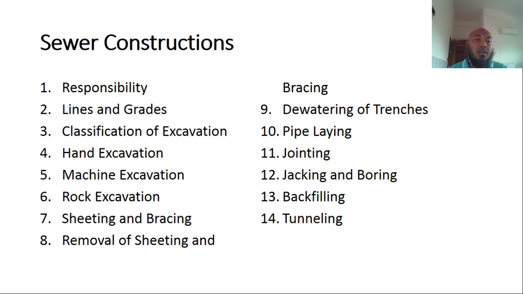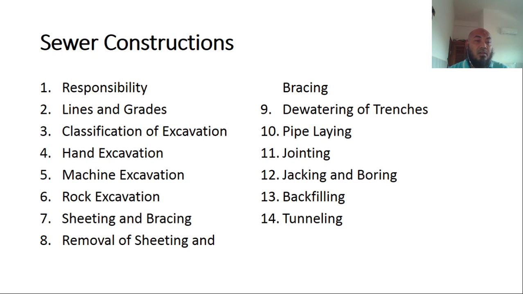It consists of responsibility. As you know, we have two main parties responsible during the construction. One is the engineer, another one is the contractor.